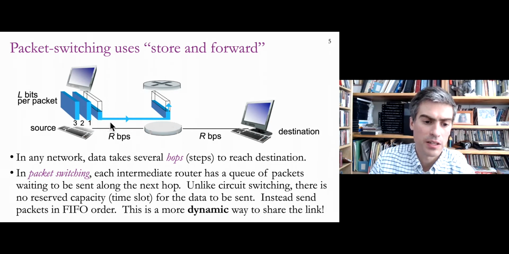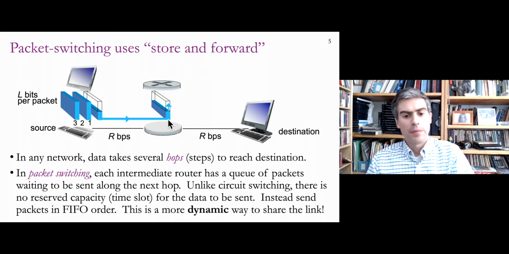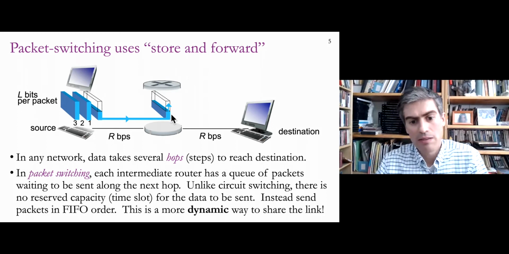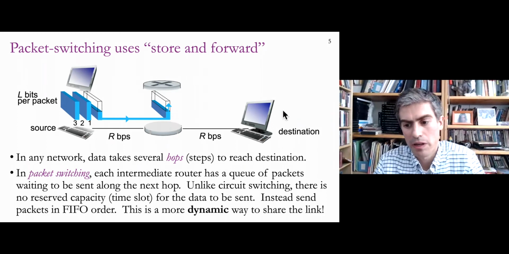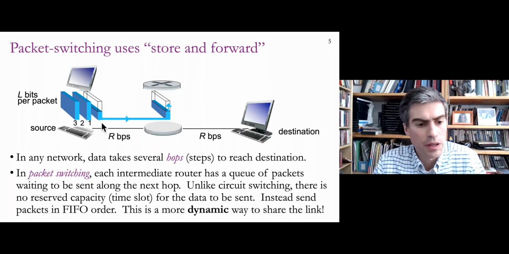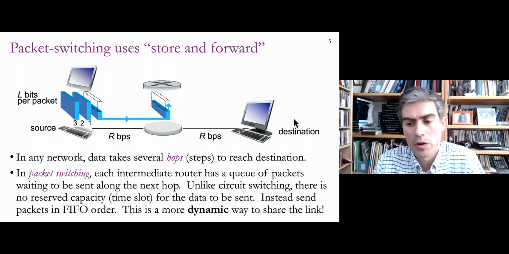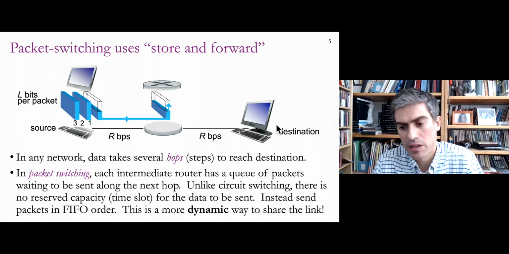Then the data moves along the link and reaches the other side, and the receiver, which in this case is this intermediary router, gradually gets the data until eventually it gets the whole packet. Right? But at that point, the data hasn't really arrived yet, because where it needs to end up is the far right-hand side destination. So this first packet has moved 1 hop toward the destination. It has not reached the destination.